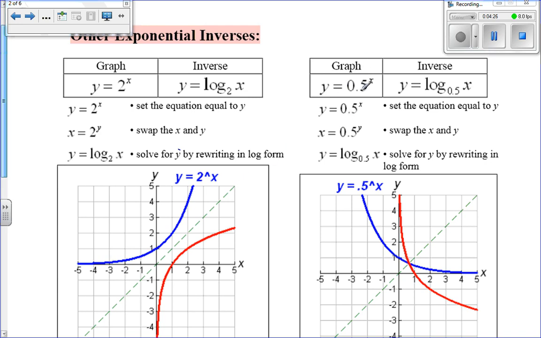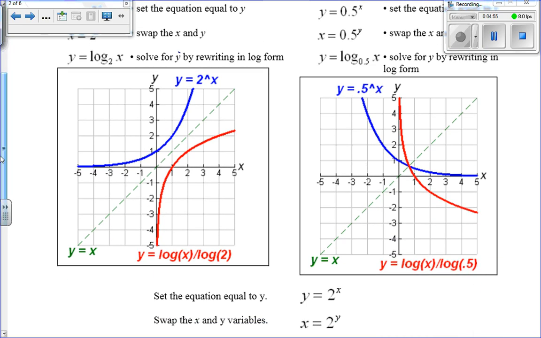Now we have a fraction, okay, 0.5, remember, is equal to 1/2. So this is y equals 1/2 to the x. You want to look at it that way. Again, if I want to find the inverse, I switch x and y, and then I solve for y. But this graph looks a little bit different than the other two. It's a little bit harder to see the inverse.